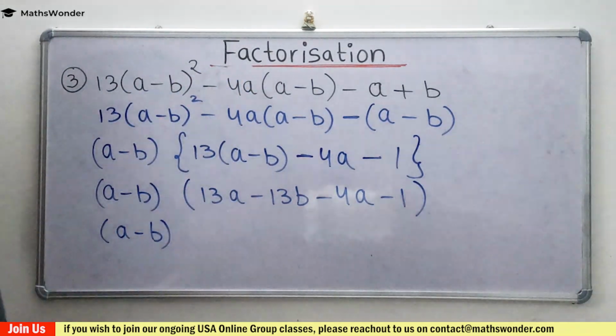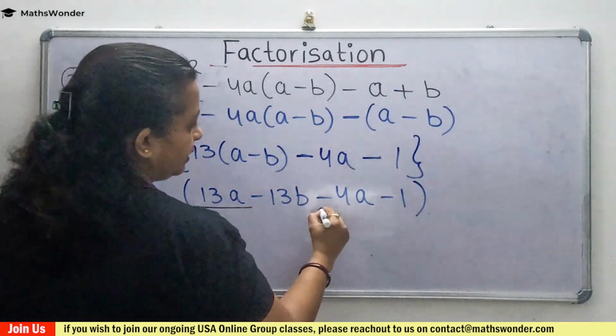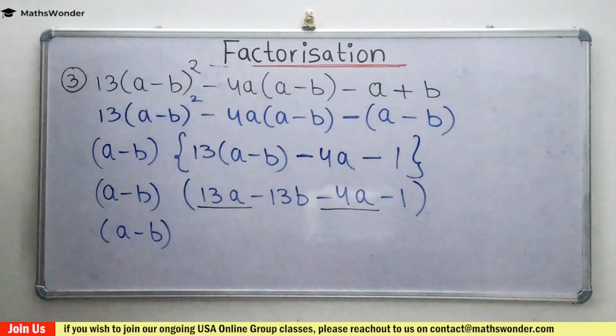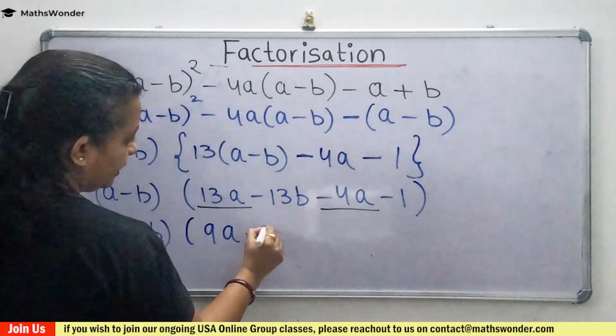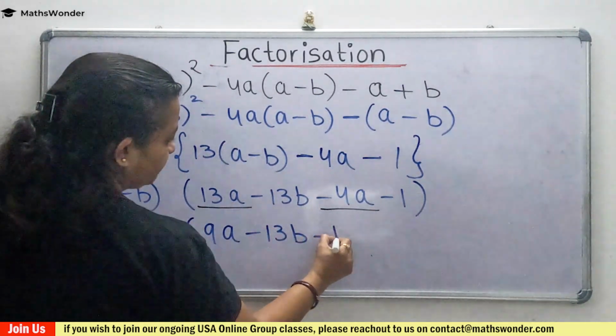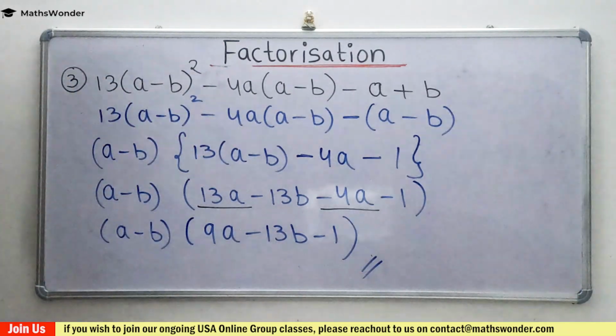Now, as you can see, there is a 2a term here. So you can simplify, na? So when you simplify, 13 minus 4 will be 9a minus 13b minus 1. This is your final answer. Okay, this is your final answer.